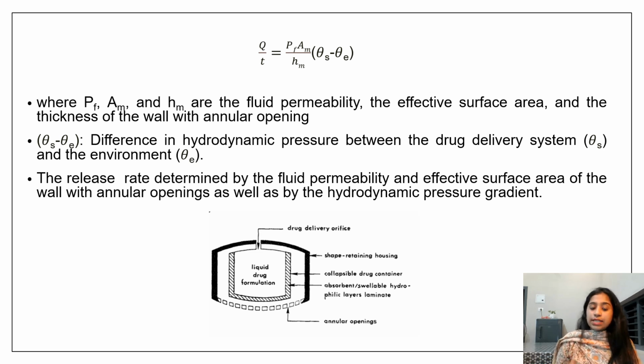Theta S minus theta E is the difference in the hydrodynamic pressure between the drug delivery system and the environment. So the fluid permeability, effective surface area and thickness of the valve are the factors which influence the release rate from the drug delivery system.